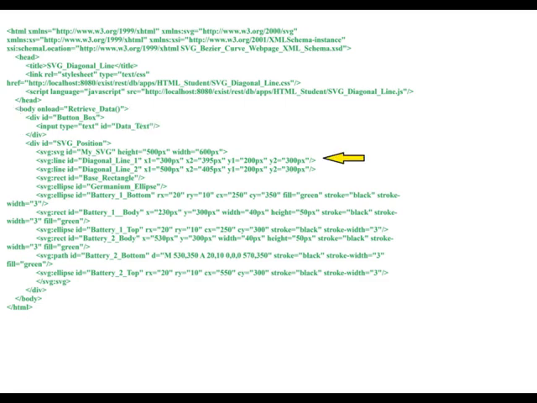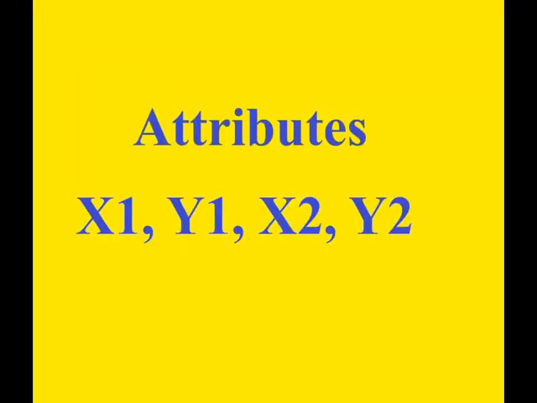Now I will focus your attention on the diagonal line 1 SVG tag. Look at all of these attributes, and I'm going to show you these attributes in just a second. So you're taking a look at the diagonal line 1 SVG tag. Now I'm going to show you a list of all the attributes that are inside that tag. Look at that list.